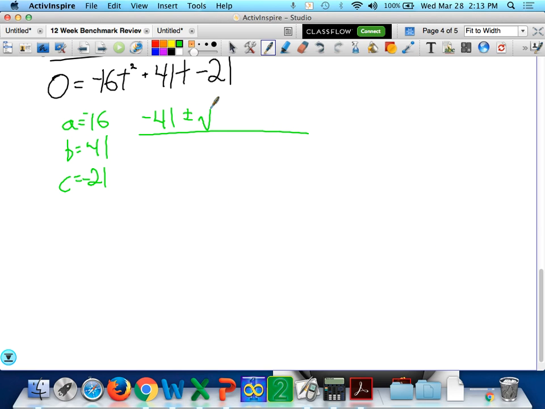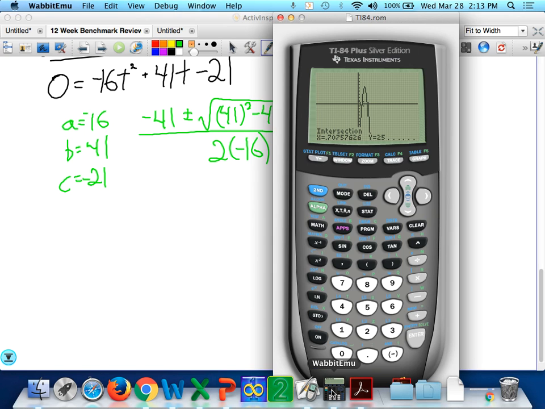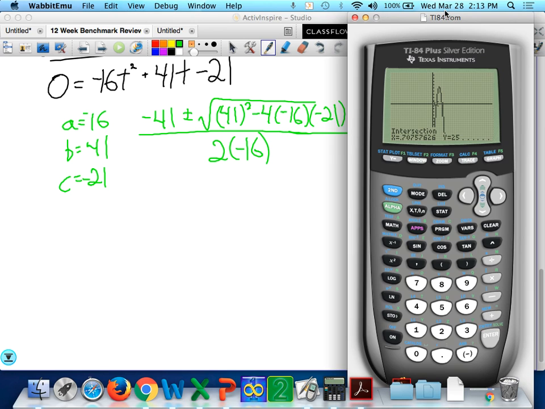Negative 41 plus or minus square root 41 squared minus 4 times negative 16 times negative 21. Okay? When we go to put all this in the over 2a. Ooh, about to forget that. Over 2a. And when we go to put all this in the calculator, let's start with the minus first.